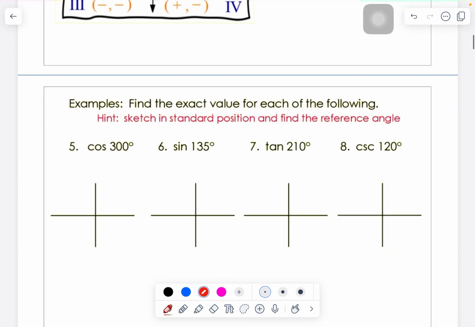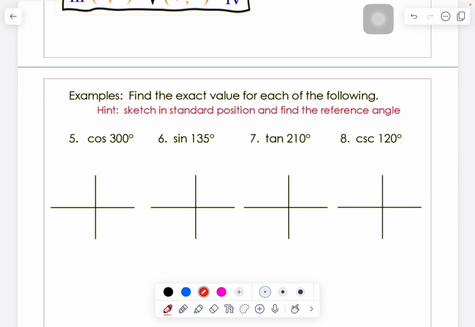So to evaluate certain degrees, cosine of 300, I'm going to find and graph 300, and that puts me about right there. Now, that angle right here is my reference angle. That's going to be 30 degrees. So if I take the cosine of 30 degrees, and I would get that from a special right triangle, it wouldn't be a bad idea to put down your 30-60 right triangles, just so you have them for reference.